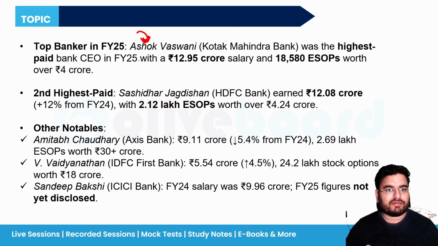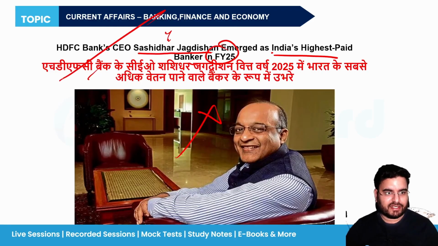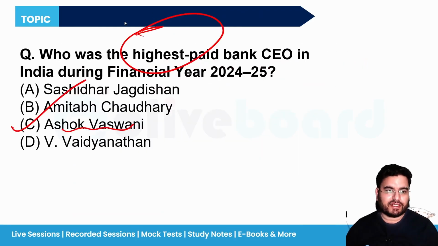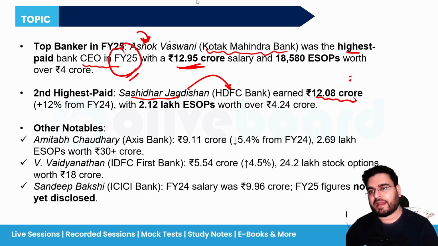Mr. Ashok Vaswani from Kotak Mahindra Bank is the highest paid CEO in financial year 25. Okay. 12.95 crore. And Mr. Sashidhar Jagdishan from HDFC, he is 12.08 crore. Got it? So please remember, correct the headline. It is not Sashidhar Jagdishan, but the correct answer is Ashok Vaswani from Kotak Mahindra Bank, highest paid bank CEO.